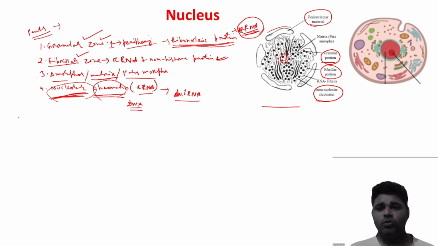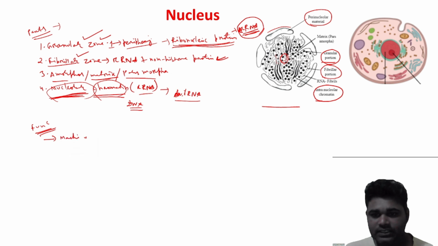Okay. So now what is the function of the nucleolus? If the nucleolus is present, what is its main function? The main function of the nucleolus is that it provides machinery for protein synthesis. How?